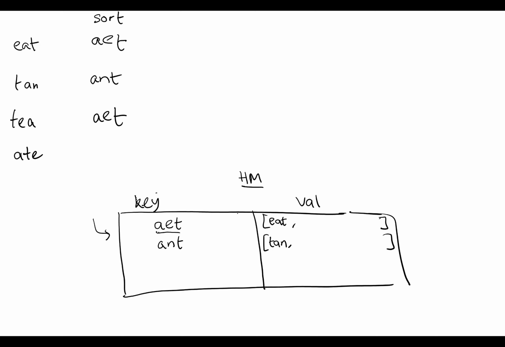Ate, again it's AET after sorting. And as you can see, we have this pattern AET. So ate also goes here, right? So now you see that once we sort the letters, they now will have the same sequence of letters and they will have the same pattern. And that way we can identify the patterns and put them in the same list as values.